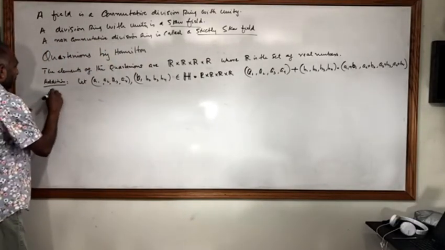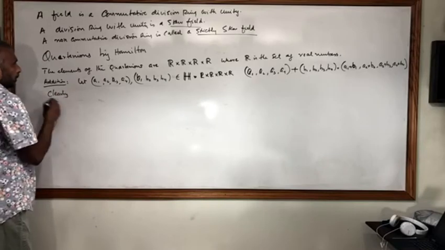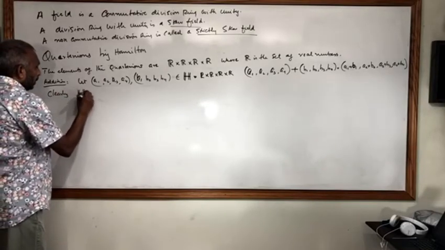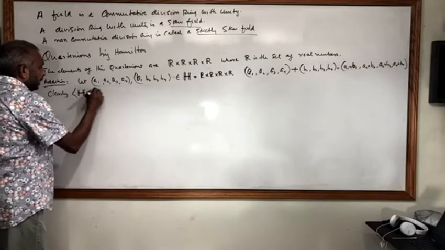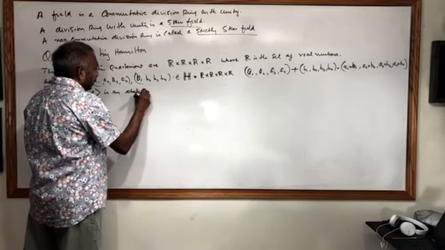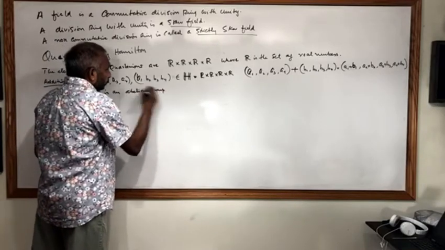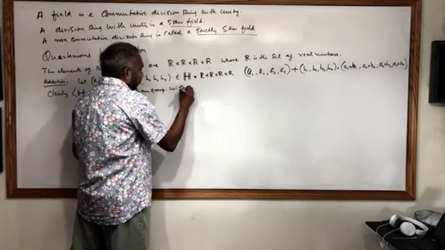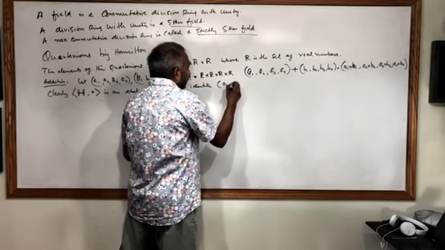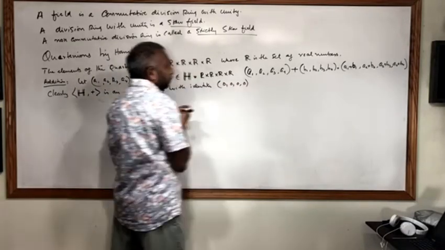So clearly H with plus is an abelian group with the identity 0, 0, 0, 0.